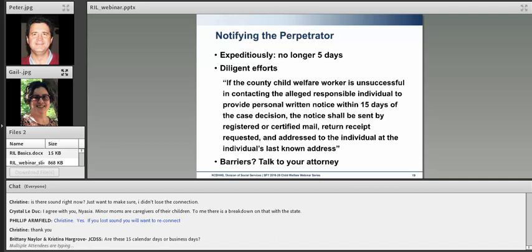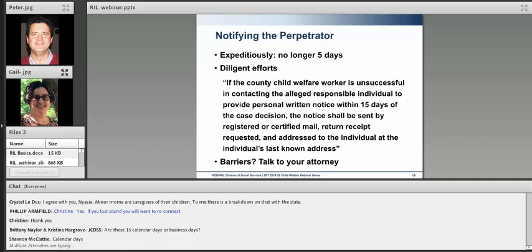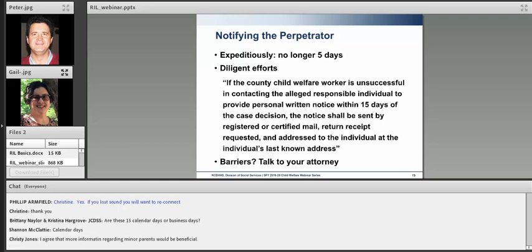There was recently a Court of Appeals decision, I don't remember the county, that reversed an RIL decision because it was found that the county violated the responsible individual's due process by waiting too long. That was before the law changed. In anticipation of that decision, that's why the law changed.